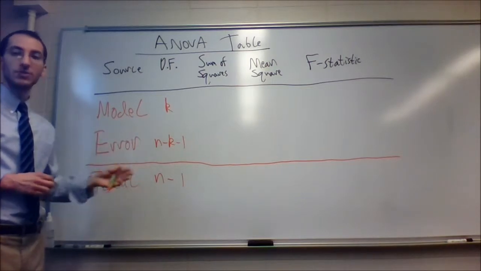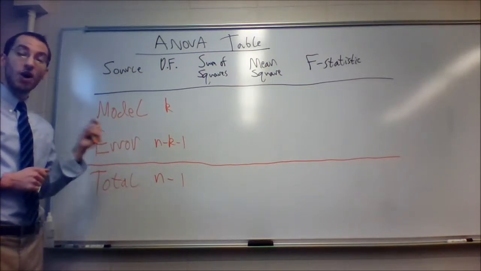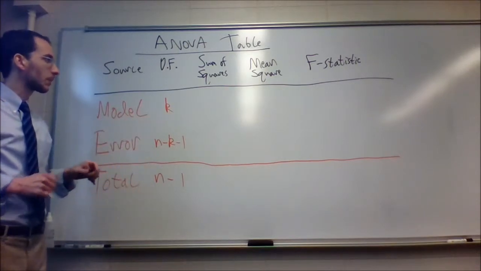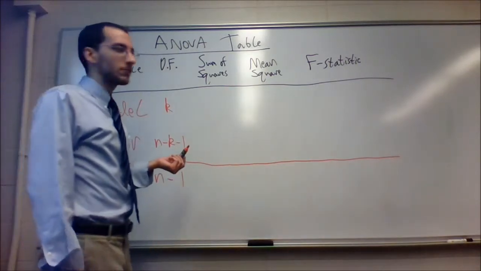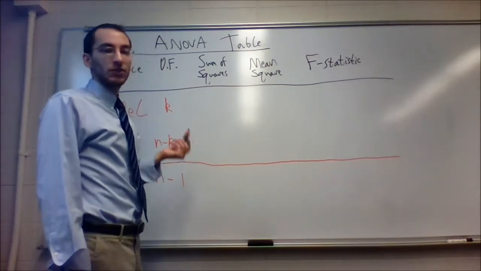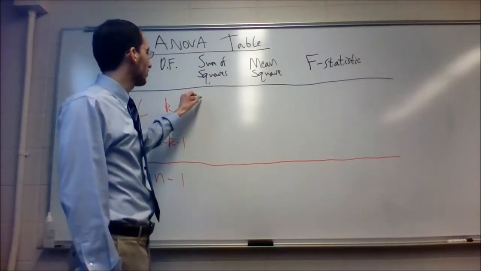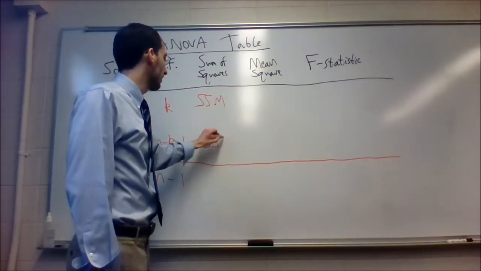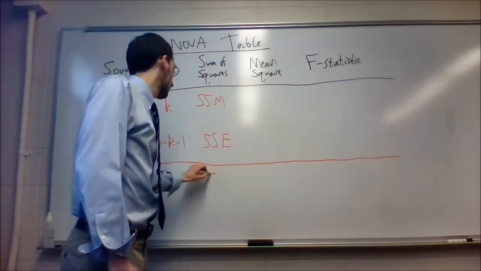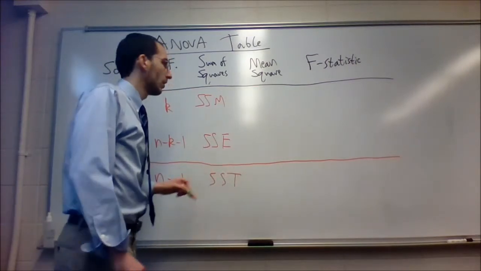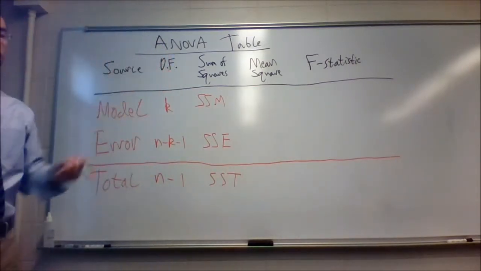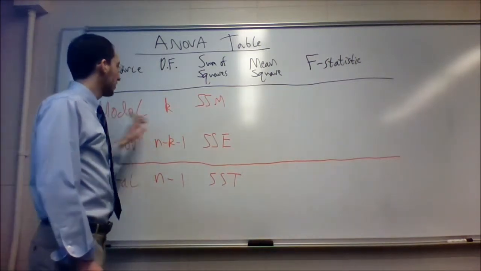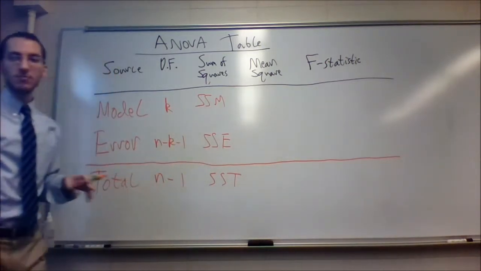It's given to you in R when you run a model, and it gives you a bunch of stuff that comes out. And the sums of squares, this has already been defined before, so I'm just going to write it with the labeling here. In fact, we already saw it defined on the second board over there. So the model sums of squares is SSM.